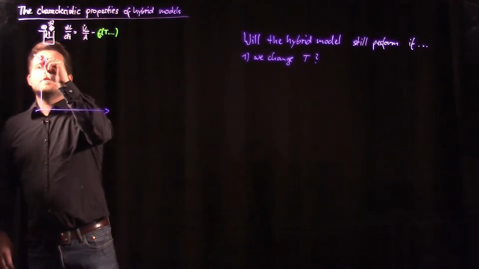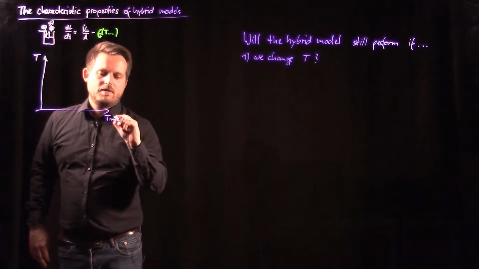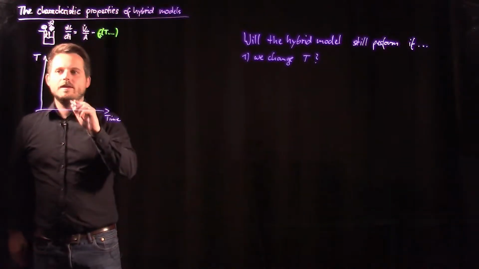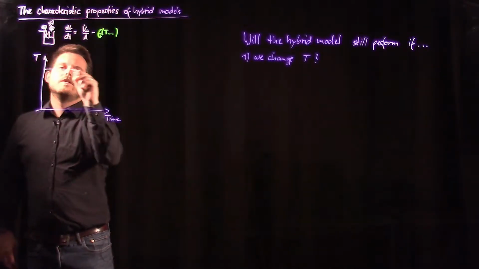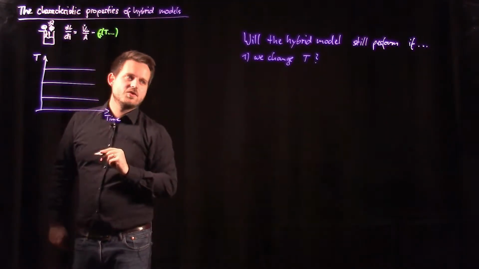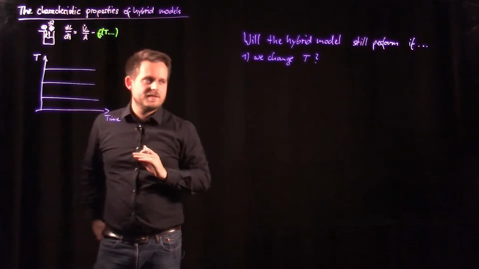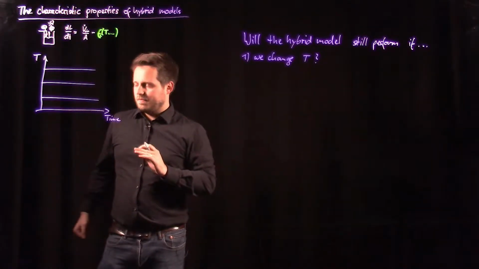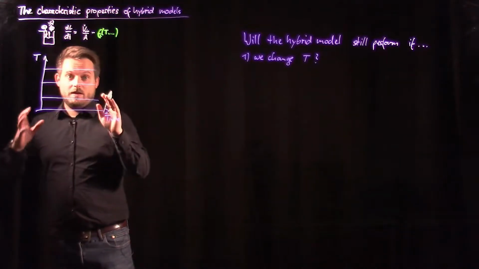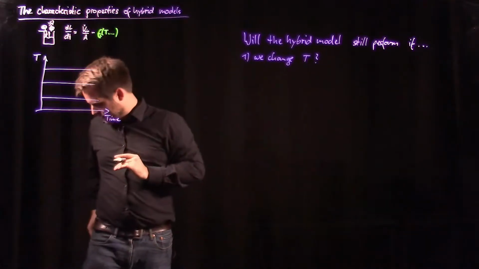We have our temperature, we have our time, and then we might have 3 levels where we measured the temperature in some experiments for our static experiment, where we basically know how this data-driven model operates.